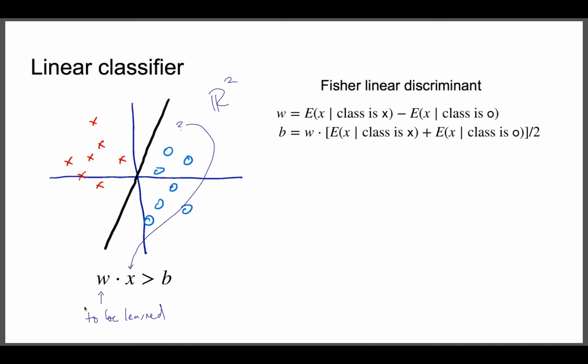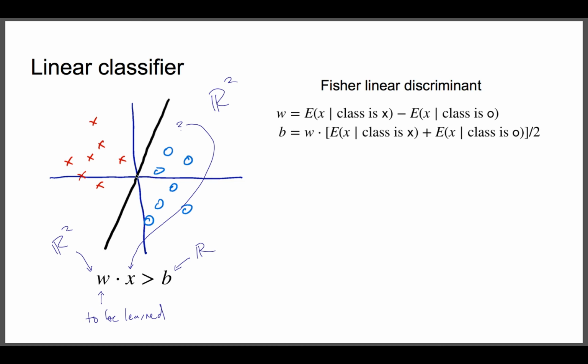So let's see, I'll label the w to be learned, and what we want to do is test whether w.x is bigger than some number b, right? So b is just a real number, and w is itself a vector in R2. In this figure, I've drawn a particular linear threshold function of this form, right?